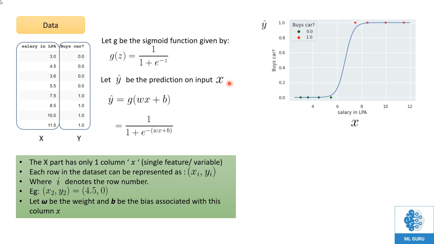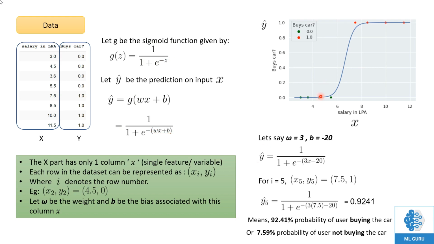Here, x means salary in LPA in our example. So instead of this z, now you will input wx plus b to your sigmoid function, which is denoted by g. So now this equation becomes this. In this, the only difference is that instead of z, you put wx plus b.